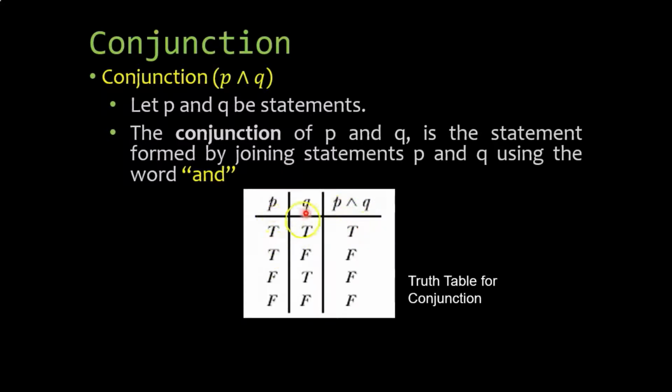If P is true and Q is false, then P and Q is false. Similarly, when P is false and Q is true, then P and Q is false. And lastly, if P is false and Q is false, then P and Q is false. It can be summarized like this: if both are true, then P and Q is true. The rest give false.